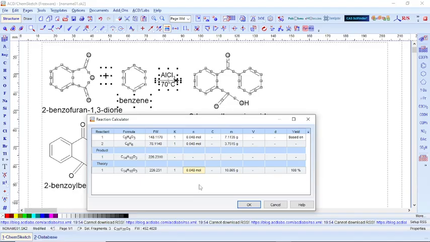So here we are seeing that for me to achieve 100% of benzoic acid, which is 10.865 gram, I will have to weigh out 7.1135 gram of phthalate anhydride and react with 3.7515 gram of benzene.